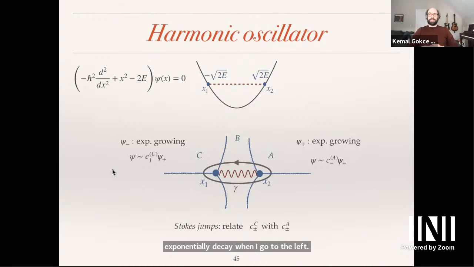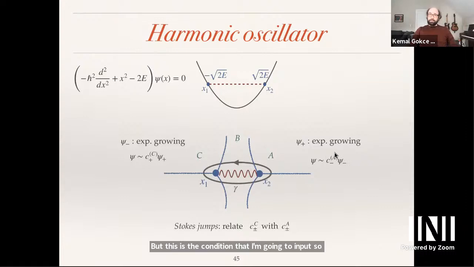So this condition makes sense if I'm considering a physical system, but in general, for different potentials, if I'm studying a different problem, I might want to impose a different condition on my wave function, which actually happens in certain examples. I can repeat basically the same steps to obtain the results for different conditions that I might impose. Okay, but this is the condition that I'm going to impose.